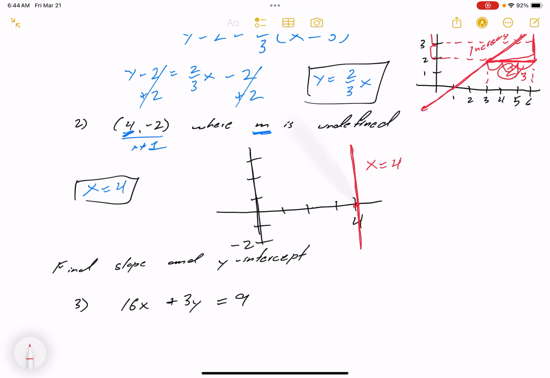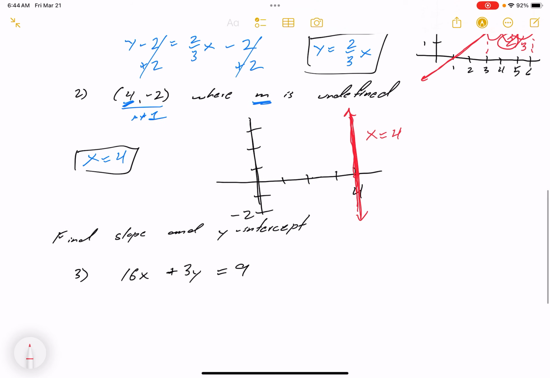Notice how our slope is undefined. It's not really increasing or decreasing. It's undefined because x is equal to 4, so x will remain 4 forever. That is why we say the slope is undefined. It's just a line that's going straight up or straight down.